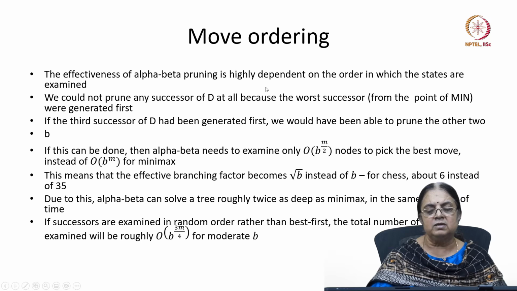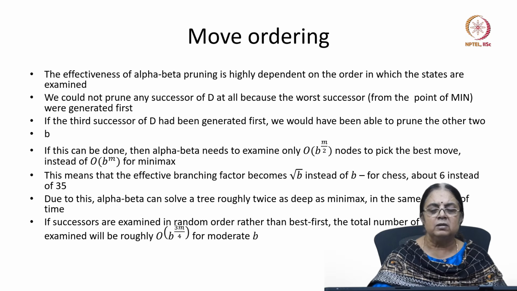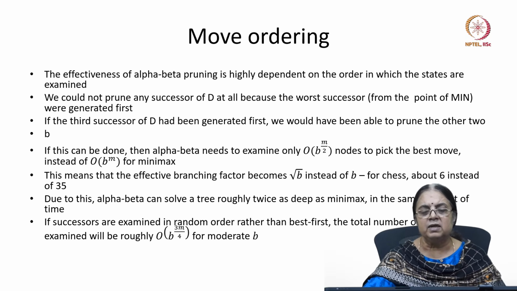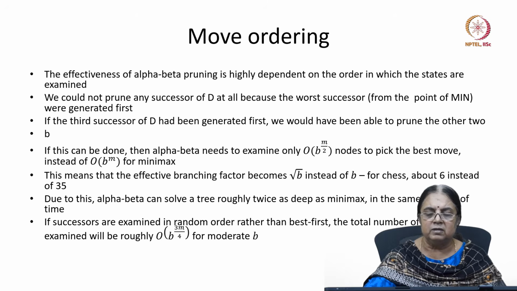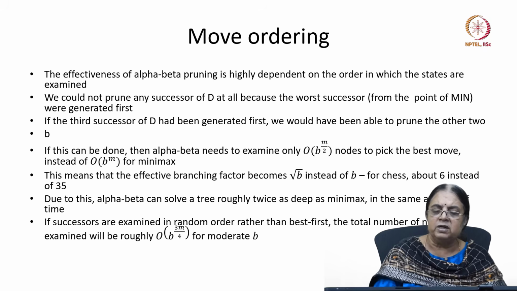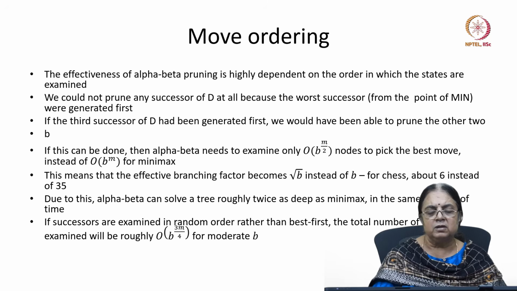For example, if we take this D over here, if 2 had been generated first before 14 and 5, then it would have been possible to prune these two nodes. So the order in which the nodes are generated also makes a difference.